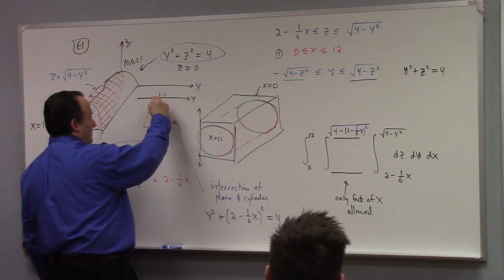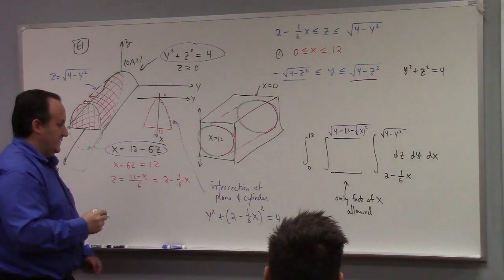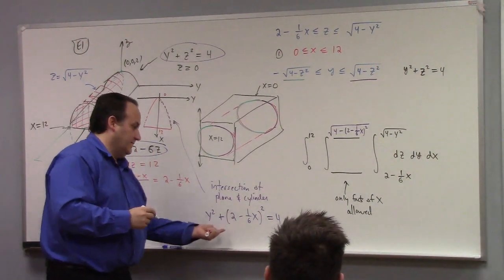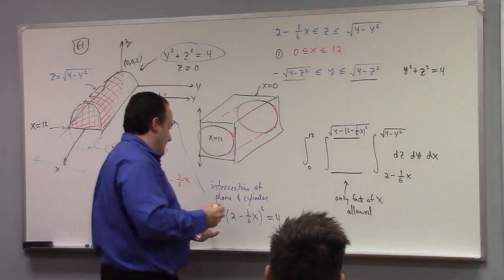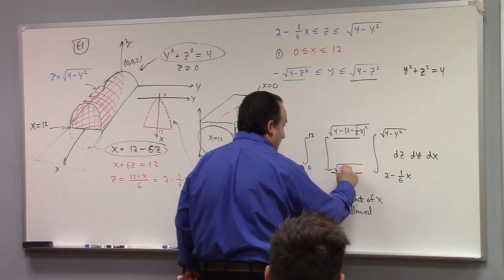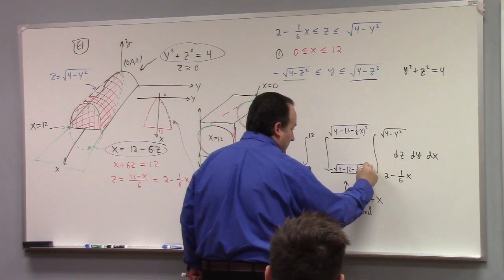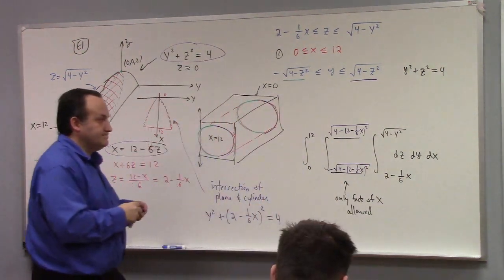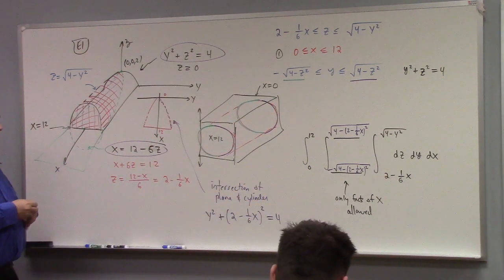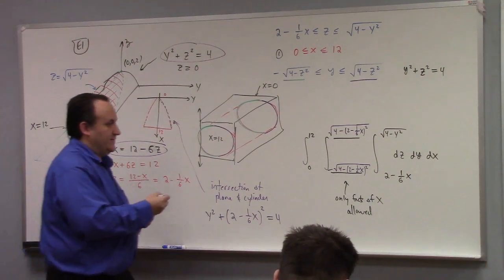That gives me this one, and solving this, the other one is the minus root. So we get minus the square root of 4 minus (2 minus 1/6 x squared) squared. And there you go. That would be the volume of this monstrosity.